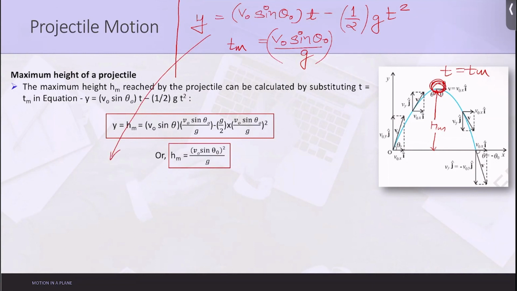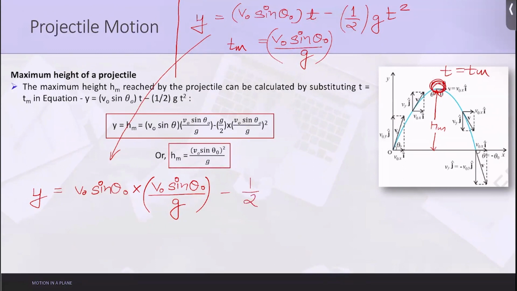So what is y? Y is basically v naught sin theta naught into v naught sin theta naught by g, correct? Minus half g into v naught sin theta naught by g whole square.